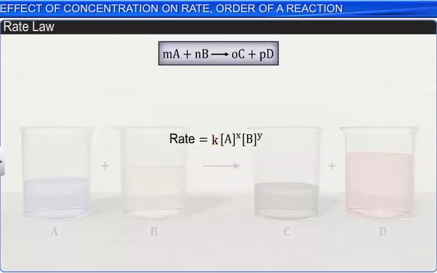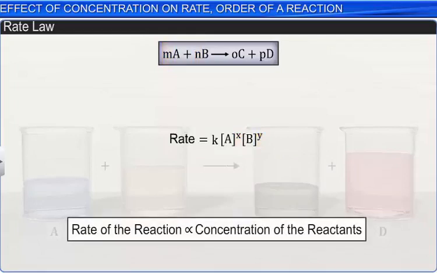The exponents x and y may or may not be equal to the stoichiometric coefficients m and n of the reactants A and B, respectively. This expression, which relates the rate and concentration of the reactants, is called the rate law or rate expression.